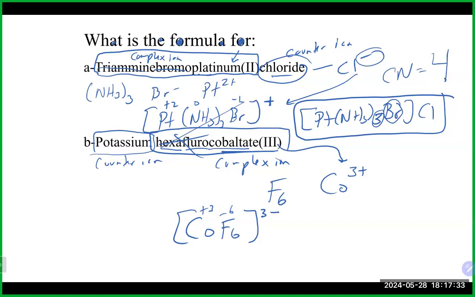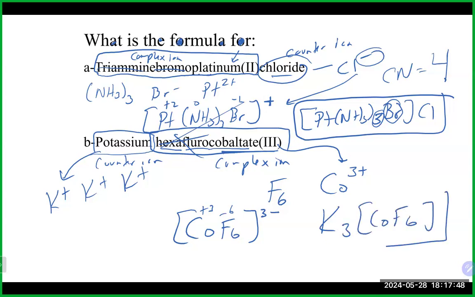And again, that's important because potassium here is the potassium ion, which is +1. That means in order to balance out the charge, I need 3 of those. So putting all that together, this should be a K3CoF6 type of situation. Any questions on that there?